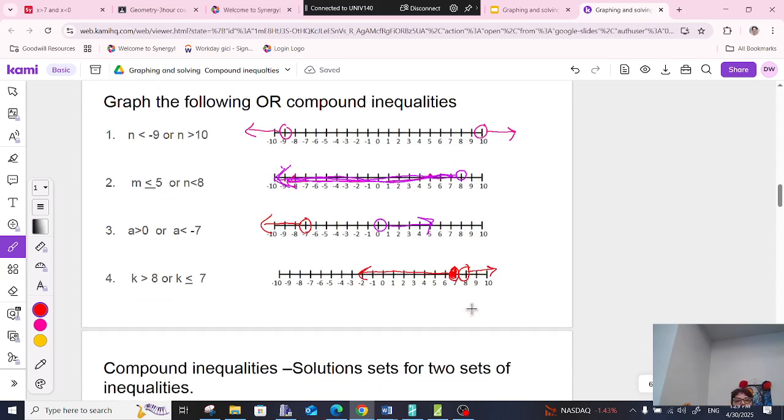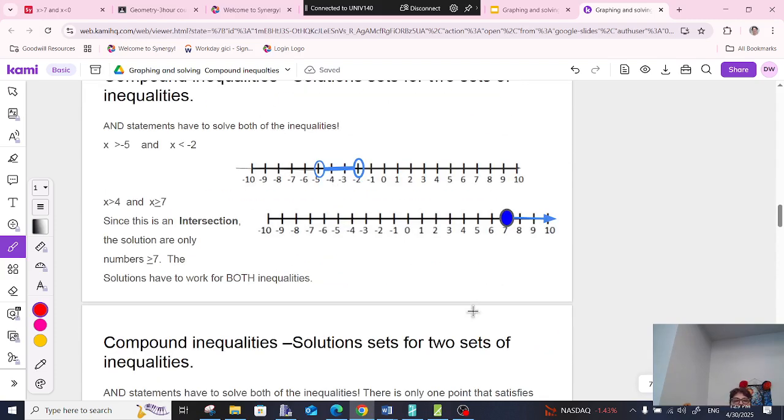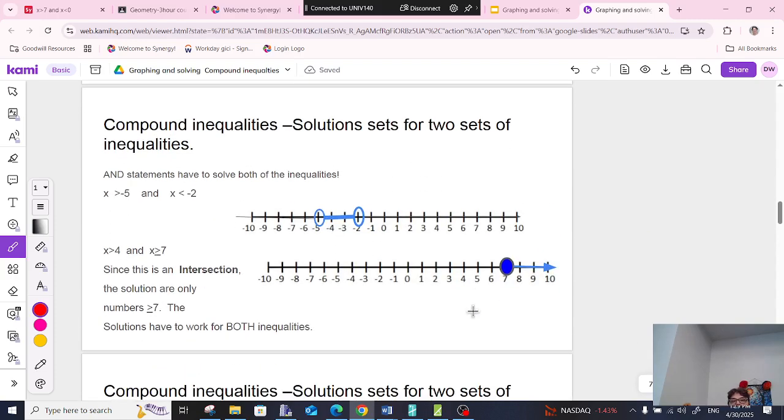Okay. So now let's talk about and statements. And statements have to be able to be solved for both. So they have to overlap, and we're looking for what they have in common.